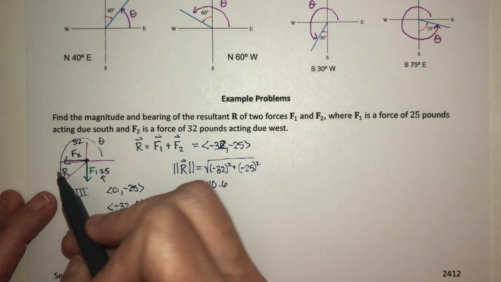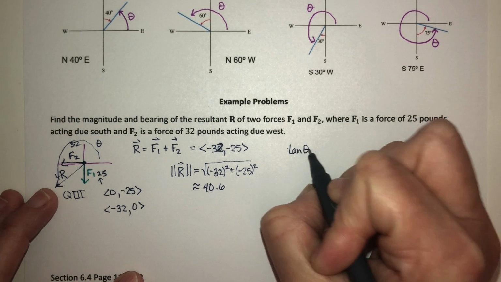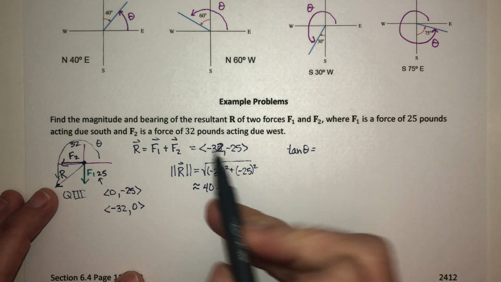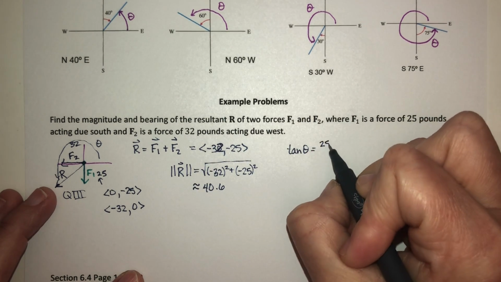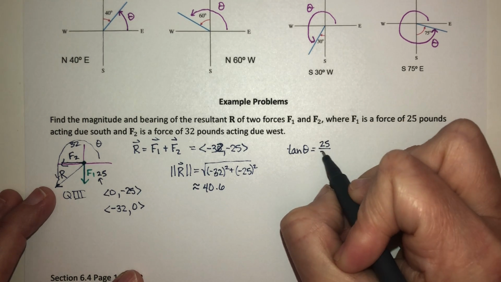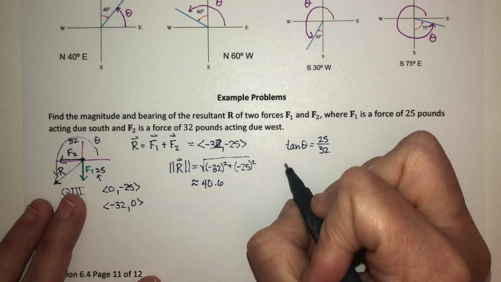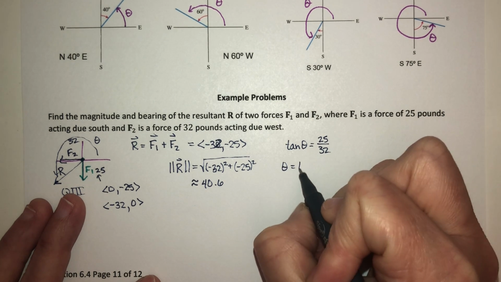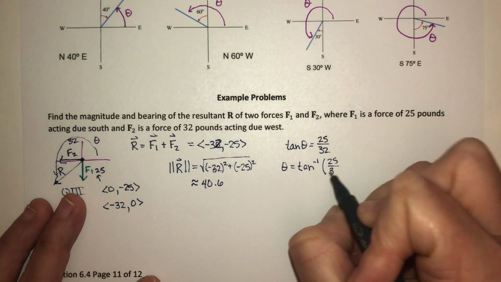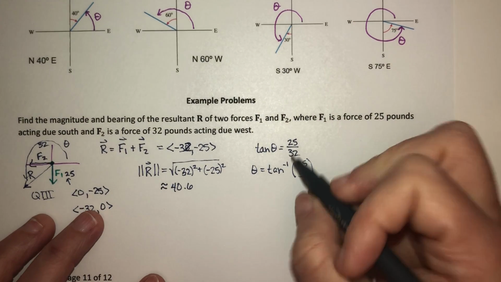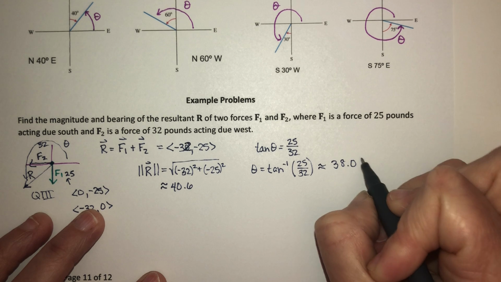All right, so to find this, tangent of theta is equal to this over this, 25 over 32. Well, negative over negative is going to be 25 over 32 because the negatives will cancel out. And if you find inverse tangent of 25 over 32, you get approximately 38.0.